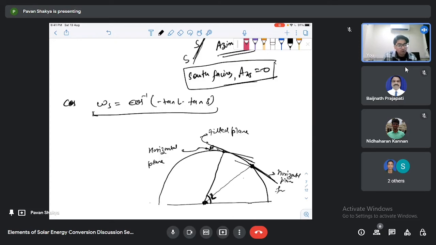When you solve, you will find that the location of this point will be L minus beta. So now this is our horizontal plane for our earth surface, and the above formula is valid for a horizontal plane.